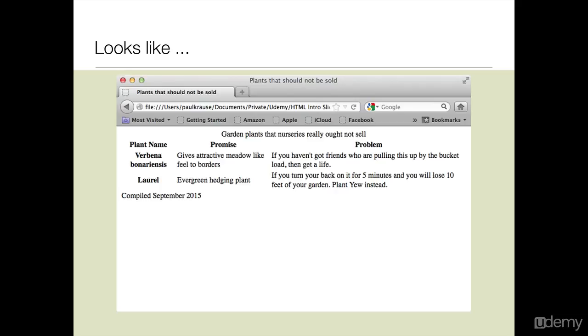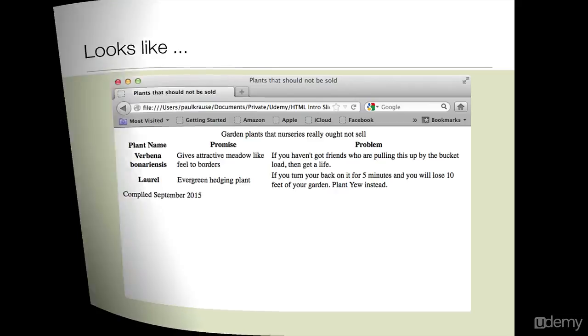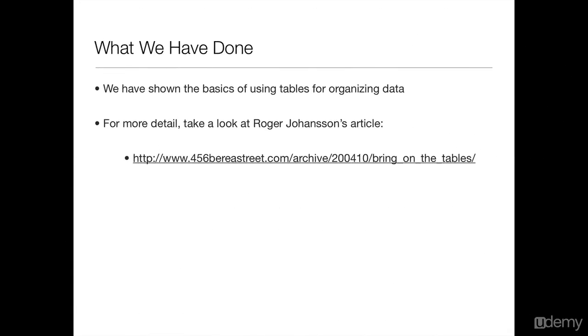So that's the very basics of tables. That still gets you a long way. There's more on the web, of course. Robert Johansson's article is an excellent place to start, and you'll see much of the content that I've presented here is covered in that lecture, plus a little bit more to give you some more pointers on how to style up tables.